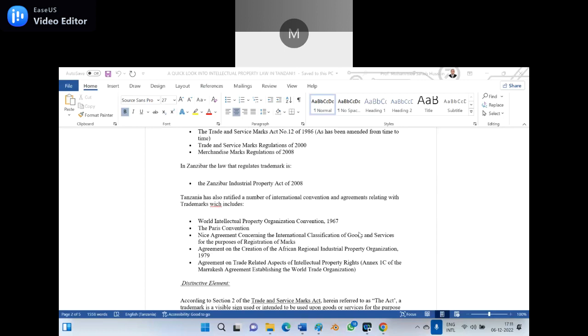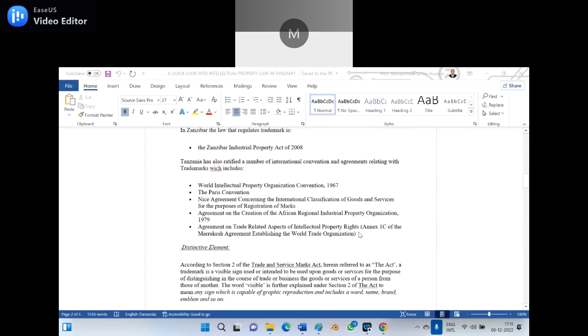Tanzania has also ratified a number of international conventions and agreements relating to trademarks, which include the World Intellectual Property Organization Convention 1967, the Paris Convention, the Nice Agreement concerning the international classification of goods and services for the purpose of registration of marks, and the agreement on the creation of the African Regional Industrial Property Organization, that is 1979.